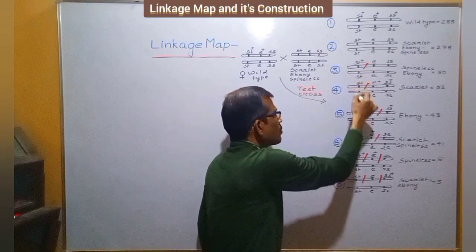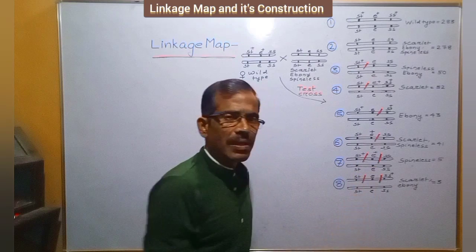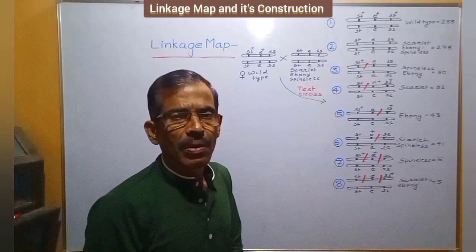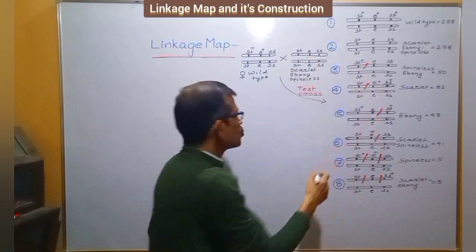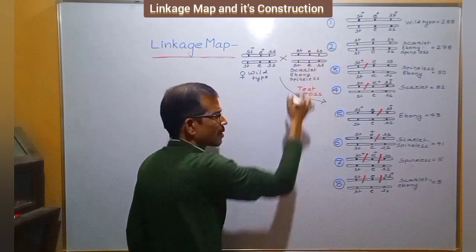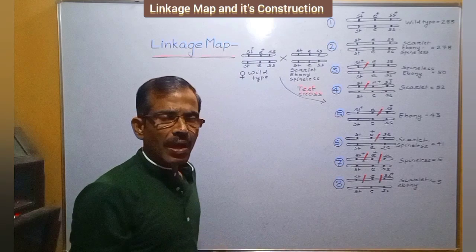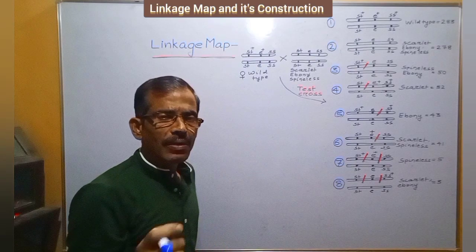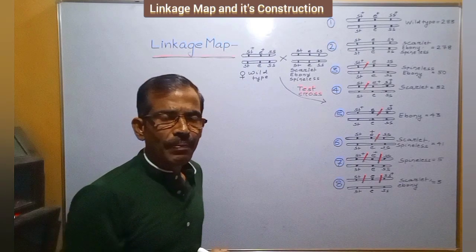These recombinant progenies are produced as a result of crossing over. In all these, we have placed the gene for body color at the center. This is arbitrary because we don't know the actual order of the genes.